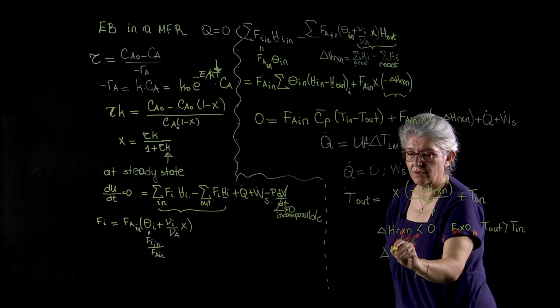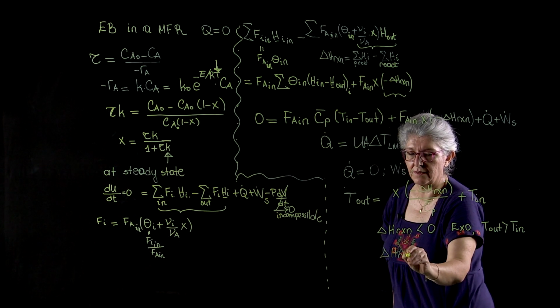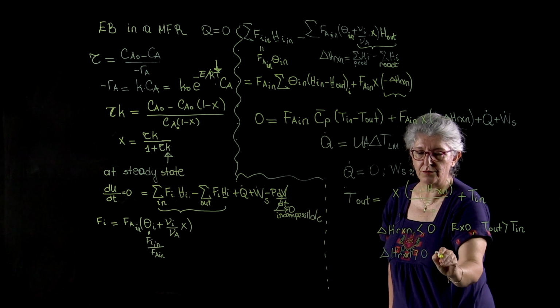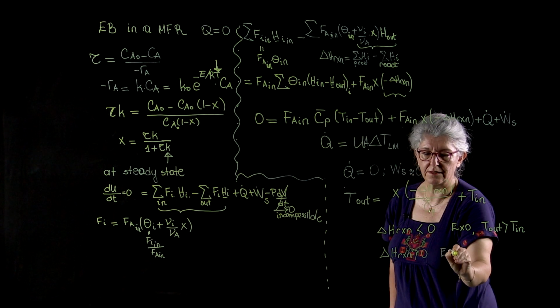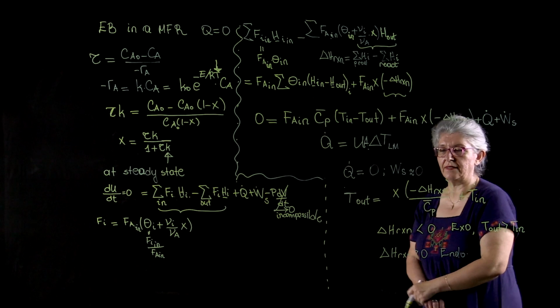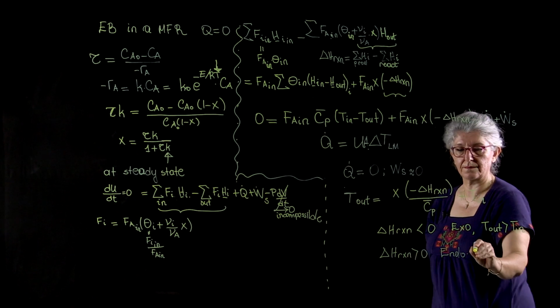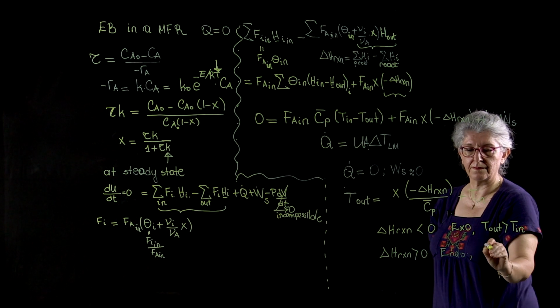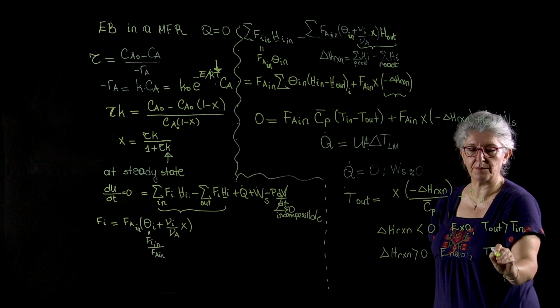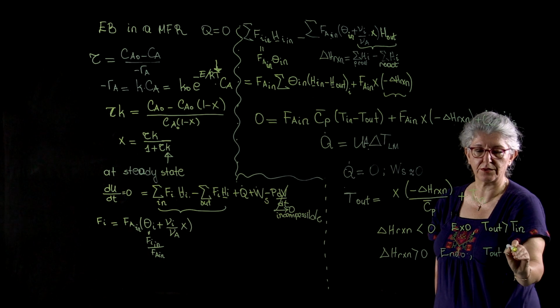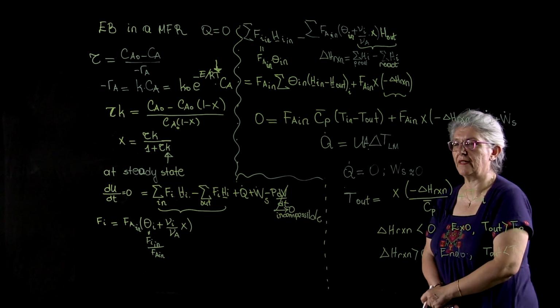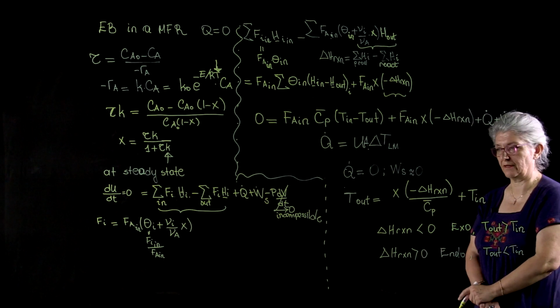And for an endothermic reaction, the enthalpy change of the reaction is going to be greater than 0, and outlet temperature will always be less than the inlet temperature, unless any other energetic interaction is present.